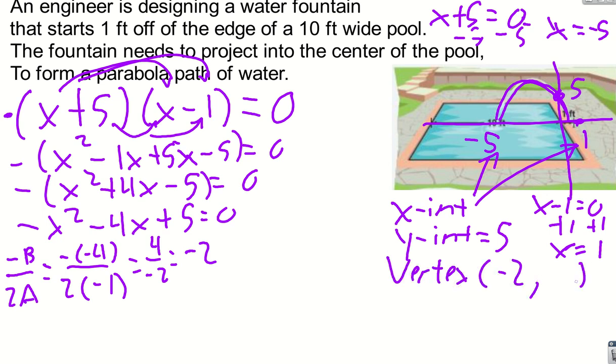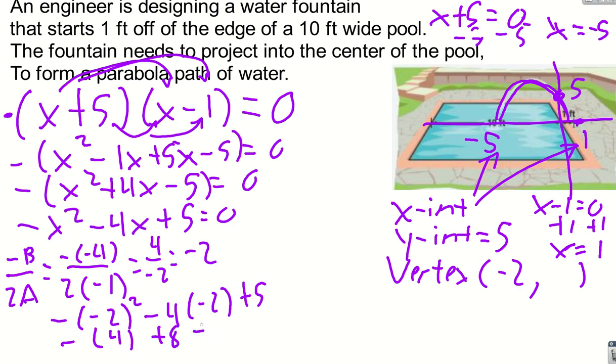And I do that by plugging back in. So I have -2 squared minus 4 times -2 plus 5. So now I have -4 plus 8 plus 5. So that gets me -4 plus 13 or 9. So my vertex is -2, 9.